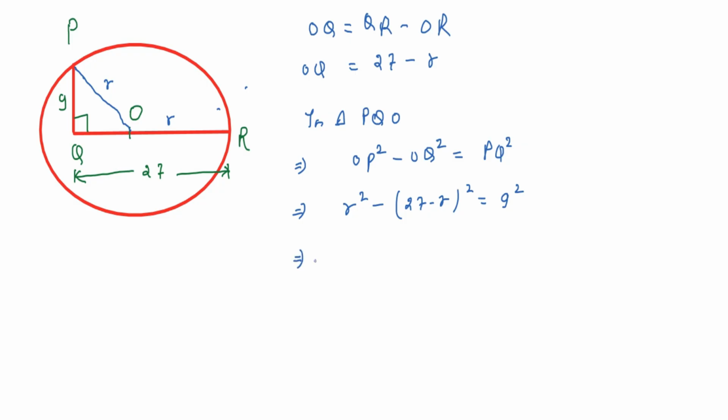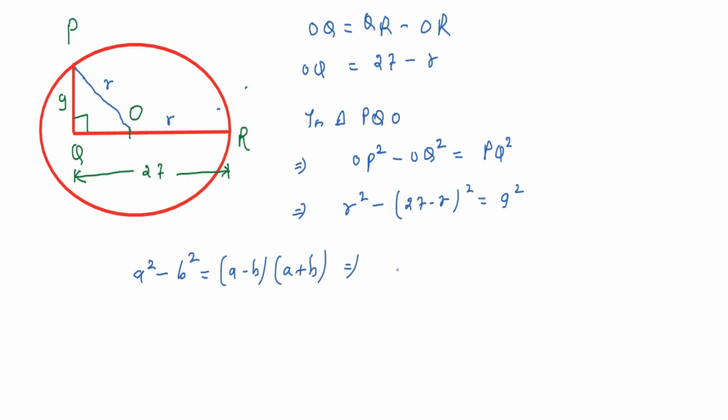After simplifying this, we will get R square minus, and here we can use the identity A square minus B square, which is equal to (A minus B) times (A plus B).